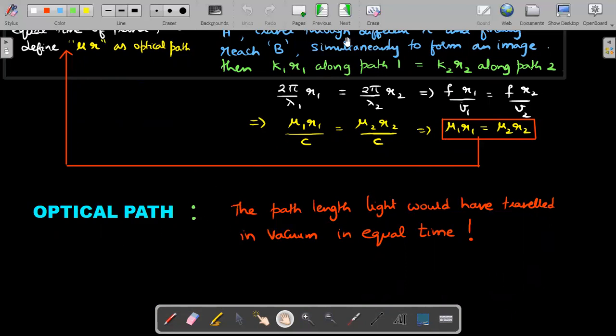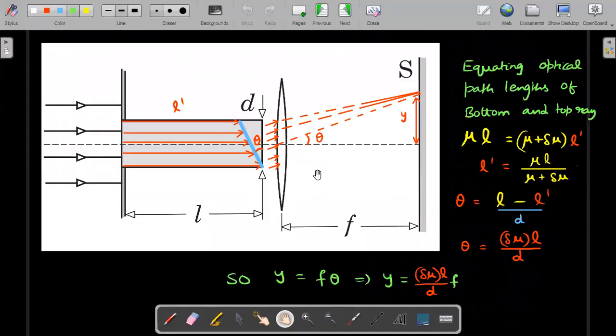Okay, right? So let's move ahead to the question now, that question number 30 that I spoke of. You sent rays like this and mu was varying in this direction. Here it was 1.5, and by the time it reached the top, the mu is increasing in this direction, and here the mu is slightly more than the mu at the bottom. Let's call it mu plus delta mu.